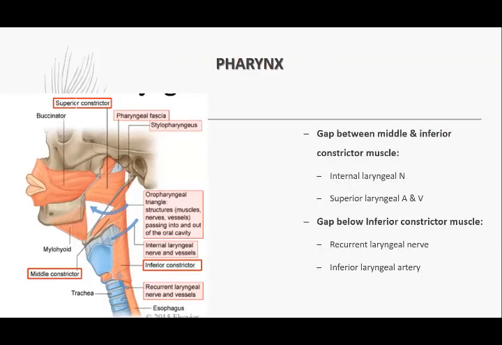Then you have this gap, a gap between the middle constrictor and the inferior constrictor. The inferior constrictor is cut here. So this is the gap between the middle and the inferior constrictor. Passing through this gap are the internal laryngeal nerve and the superior laryngeal blood vessels, artery and vein. The internal laryngeal nerve and the superior laryngeal artery go to the thyrohyoid membrane, here is the hyoid bone.